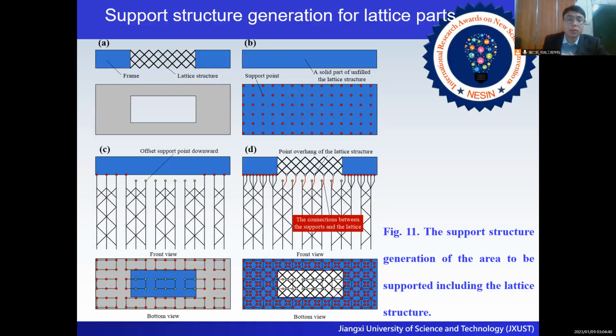Then, sampling of support points of solid parts. Then, support points not included in the framed area to be supported. Finally, grid tree composite support structure generation.